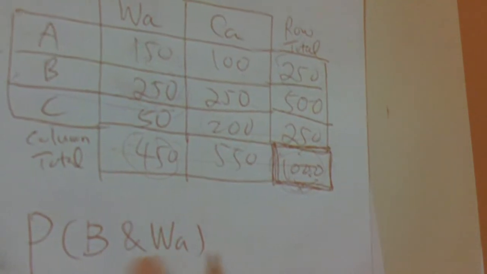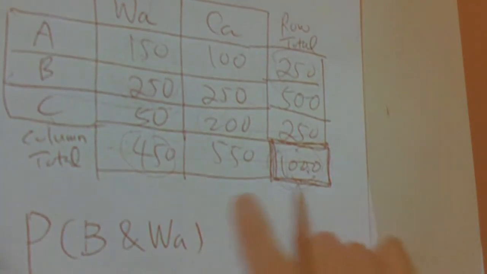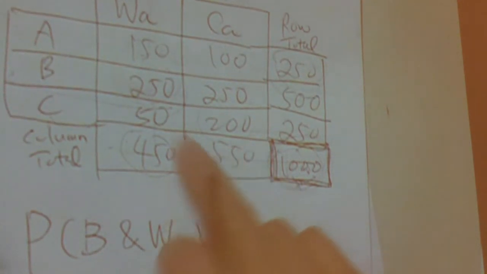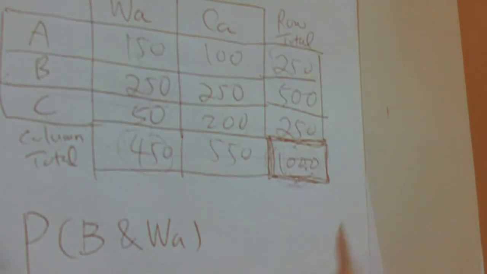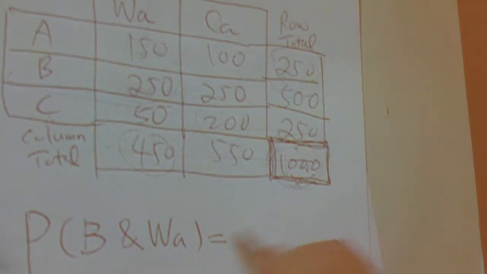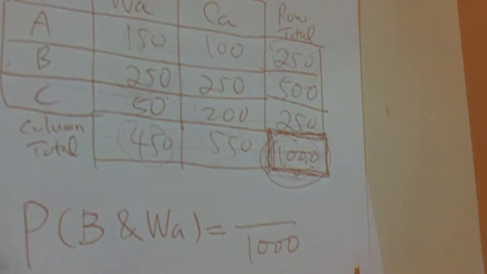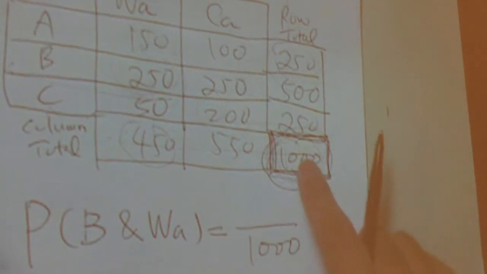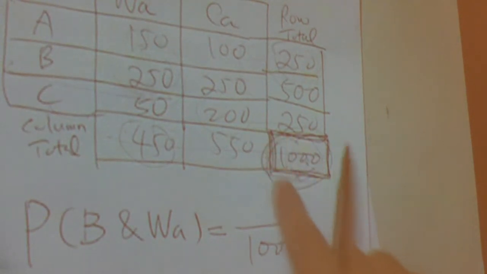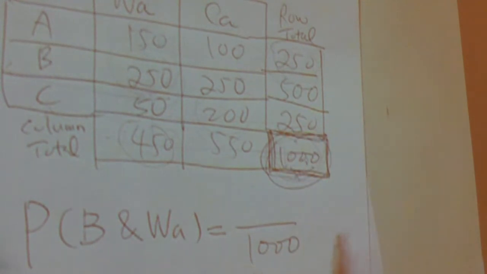But here we don't have any condition, so we don't have a vertical line and then a conditioning event, location or type. So we have to use this 1,000 as the denominator, because if you don't have any condition, then every case is a possibility. So you have to use the total number, 1,000, as the denominator.